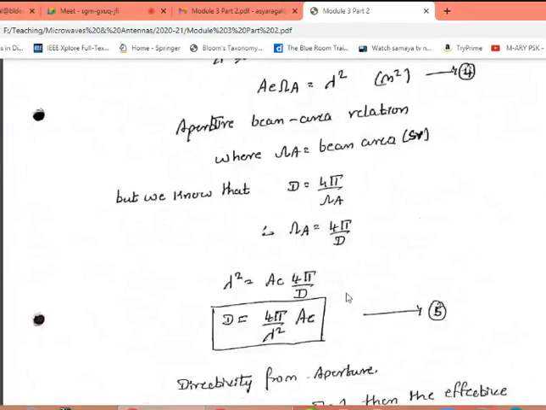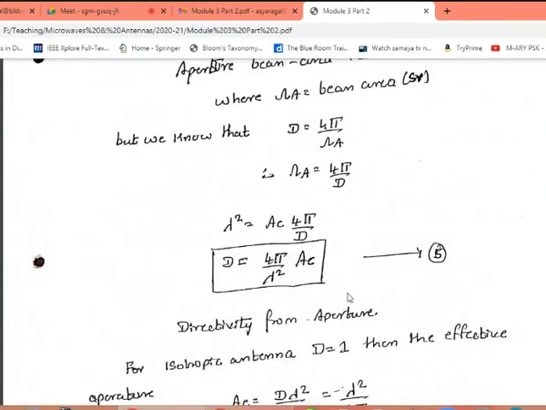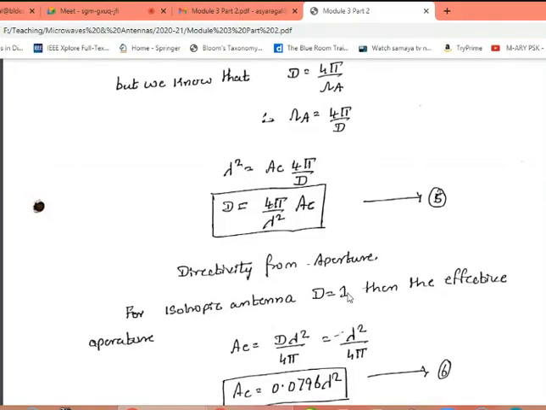Like this, we have another two derivations. For an isotropic antenna, we know that the directivity is equal to 1, which means we generate radiation in all directions equally. Then the effective aperture is given as A_E is equal to D into lambda squared divided by 4 pi.